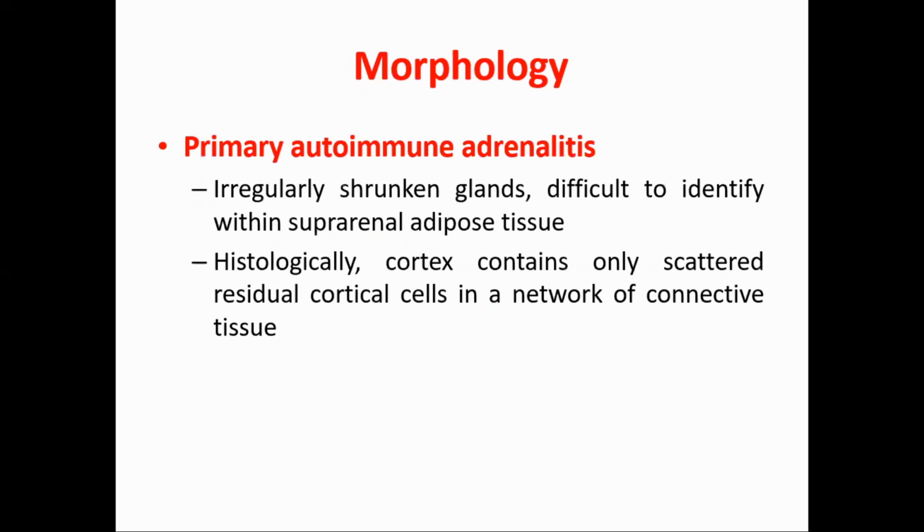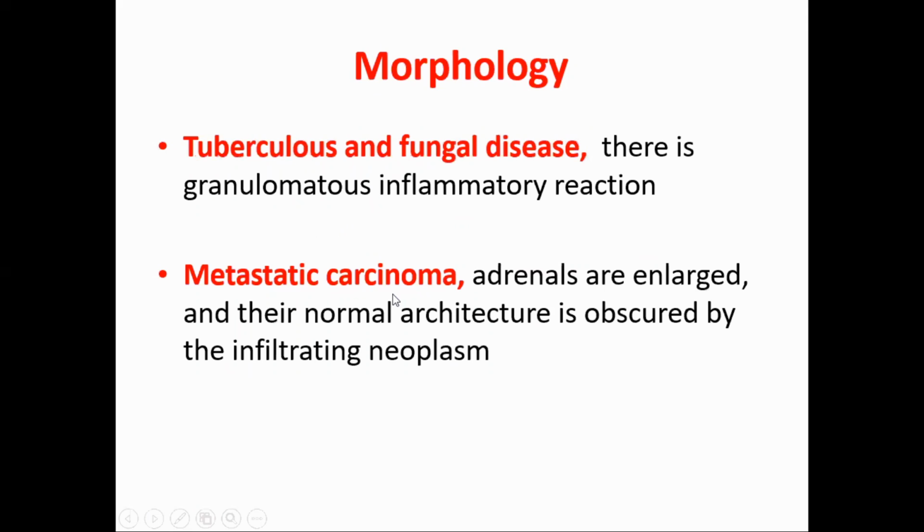And histologically there are only very residual scattered cortical cells seen. In TB or fungal infection, we may see granulomatous reactions as well. And in metastatic carcinoma, the normal architecture of the adrenal may be obscured by the infiltrating tumor. Okay, the infiltrating tumor may be seen crossing towards the normal glands or the normal architecture of adrenals.